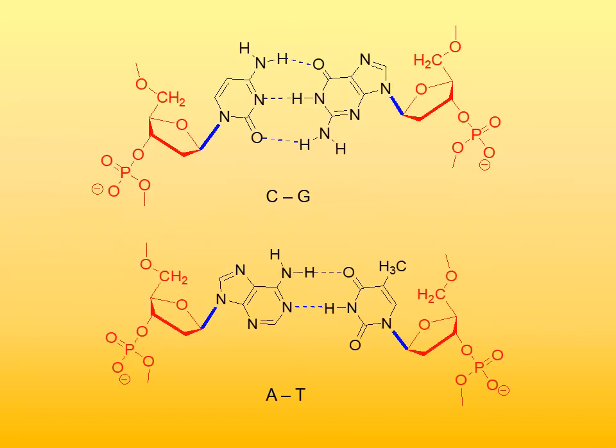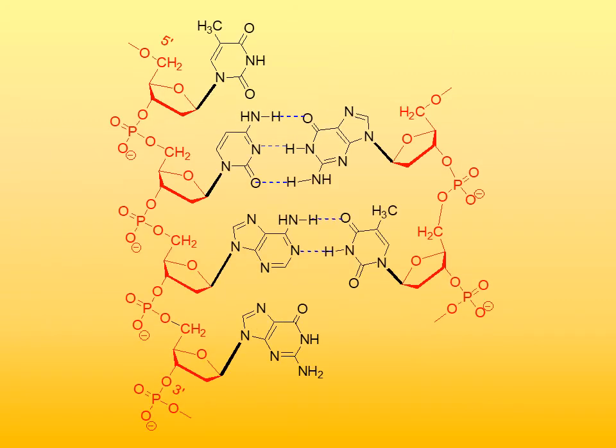Here are the same hydrogen bonds shown as they would appear in nucleotide residues. So here we have nucleotide residues that are parts of a DNA chain, and the same pairing is shown. Here is yet another representation.